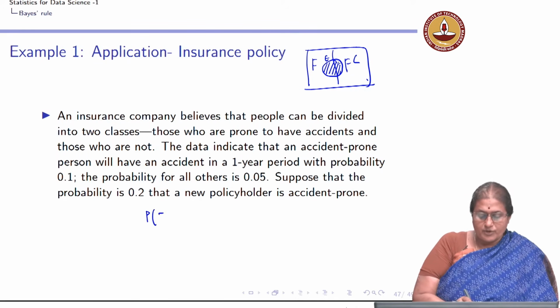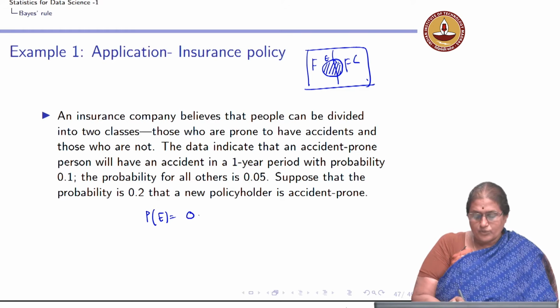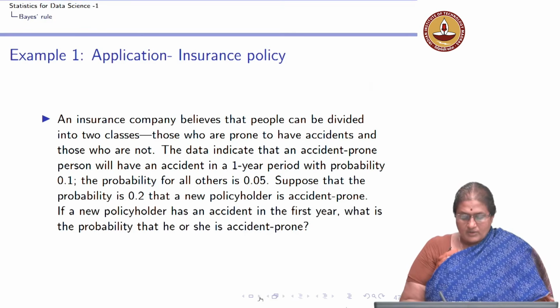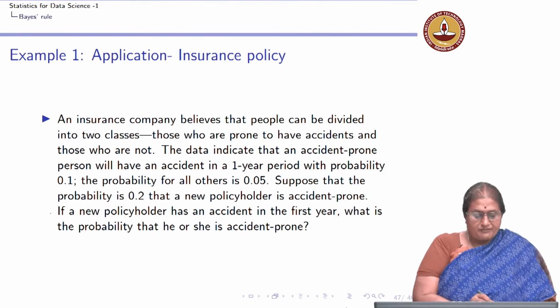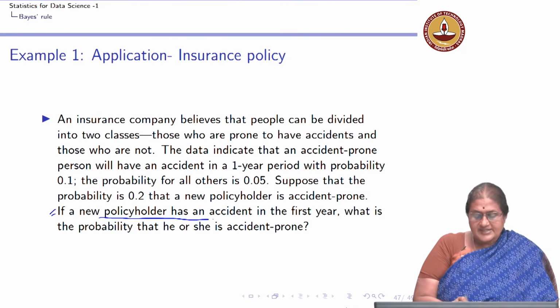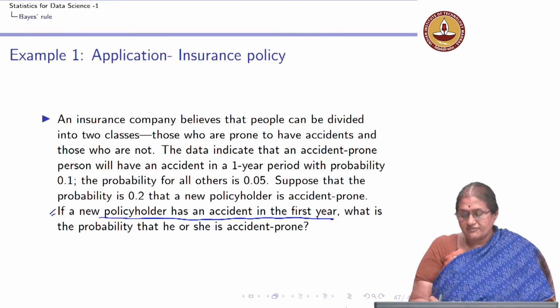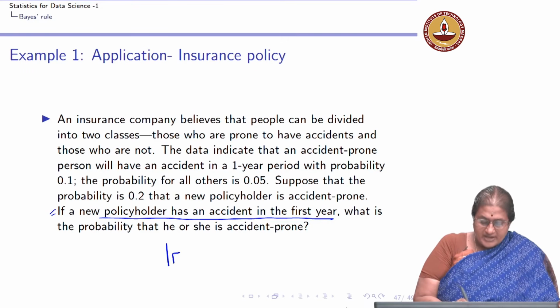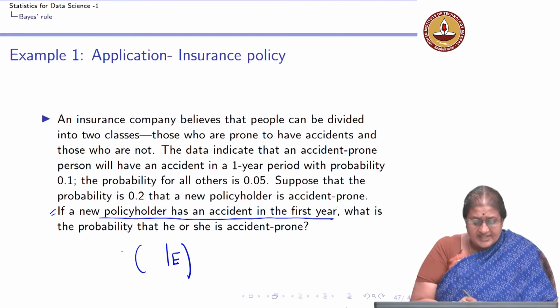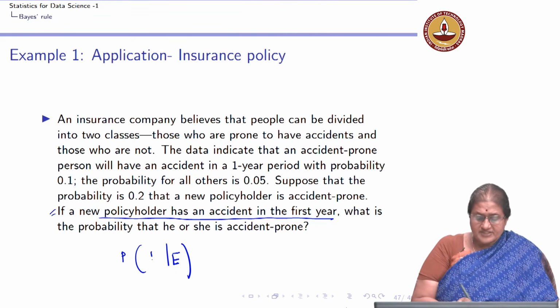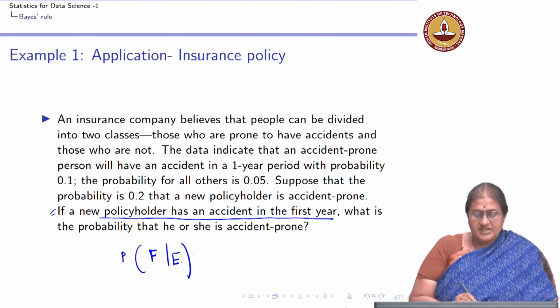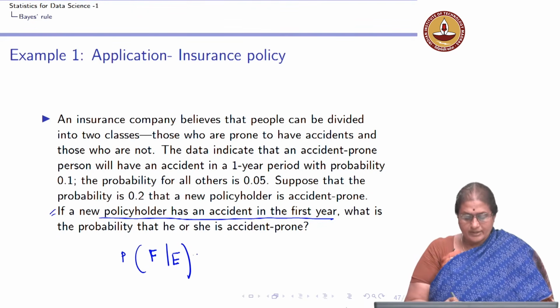We found that probability of E was equal to 0.06. Now, the question is, if a new policy holder has had an accident within the first year, so I am conditioning the problem on E, the accident has happened within the first year, what is the chance that the person was accident prone?